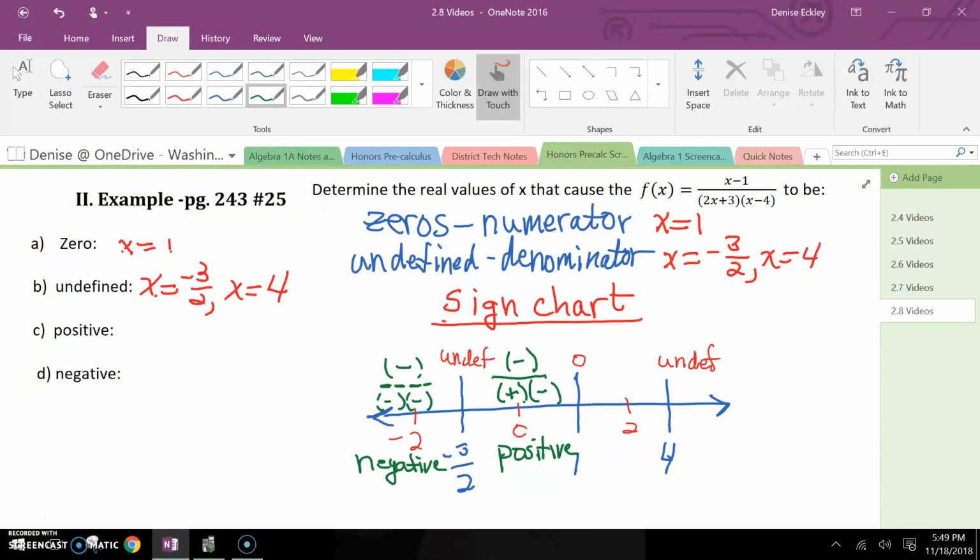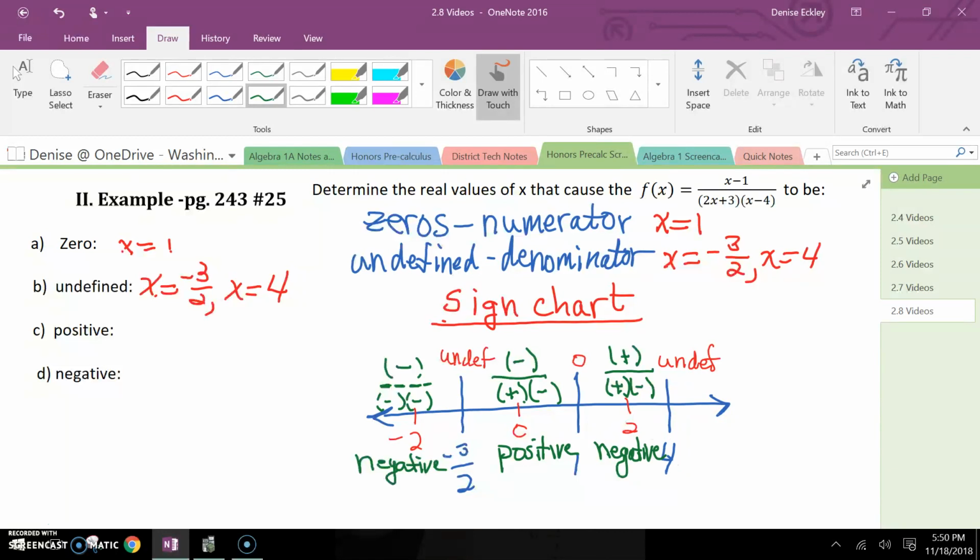And then in between 1 and 4, substituting 2, I get in the numerator a positive value, and in the denominator I get a positive in the first parenthesis and a negative value in the second parenthesis. So I have a positive over a negative, so this is negative.